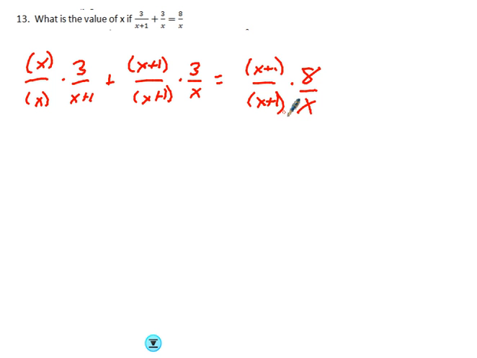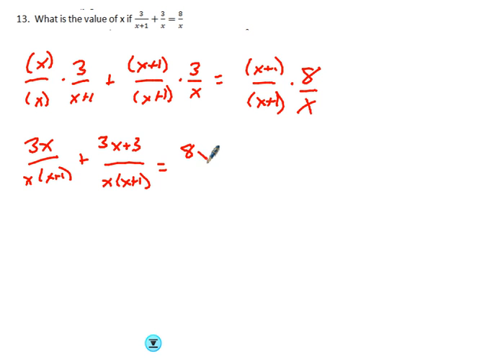So now you can see all three of these denominators will be x plus 1 times x. So this is 3x over x times x plus 1 plus, if I distribute that 3 out, 3x plus 3 over x times x plus 1 is equal to, if I distribute that 8, 8x plus 8 over x times x plus 1.